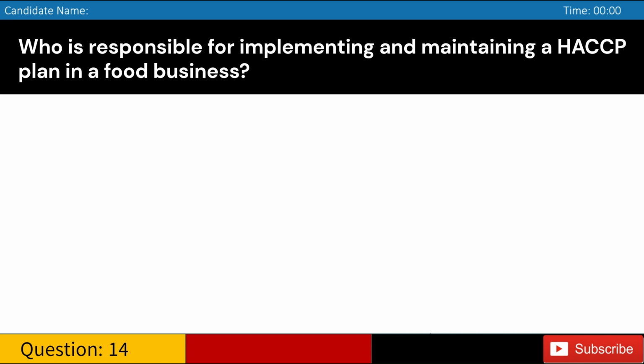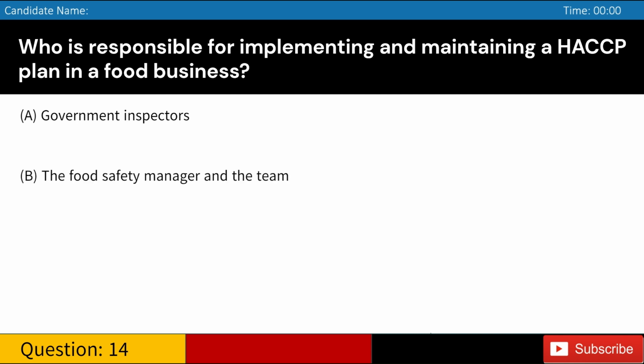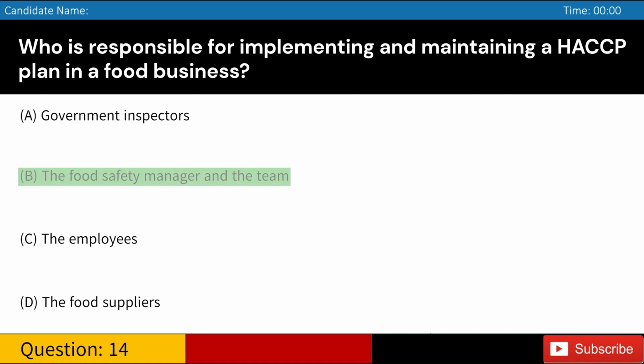Who is responsible for implementing and maintaining a HACCP plan in a food business? A. Government inspectors. B. The food safety manager and the team. C. The employees. D. The food suppliers. Answer B. The food safety manager and the team.